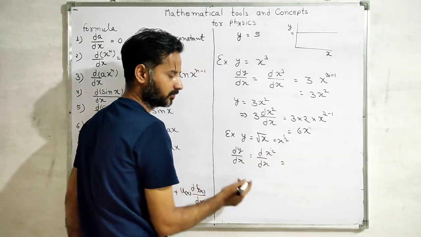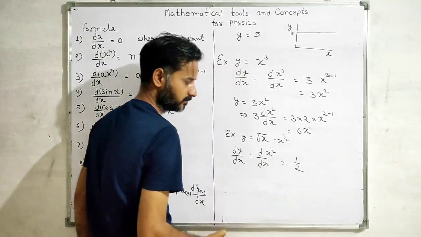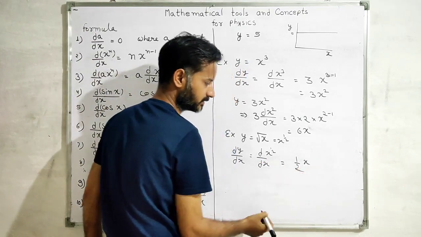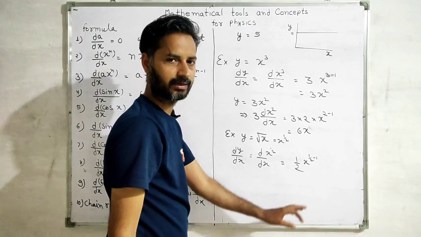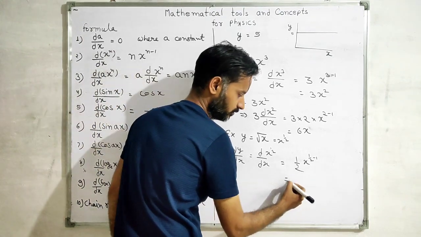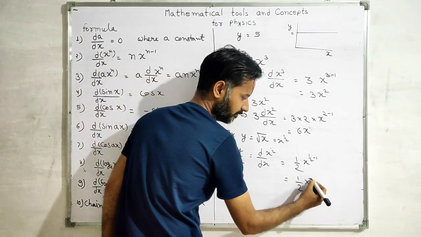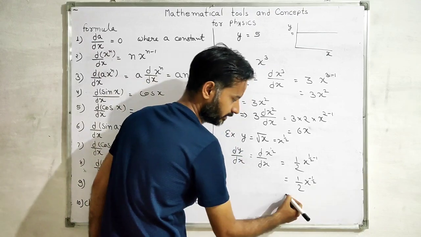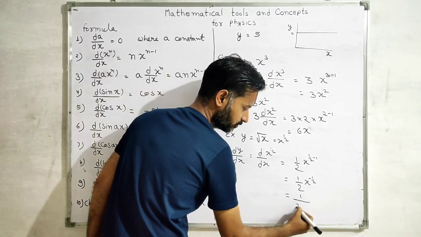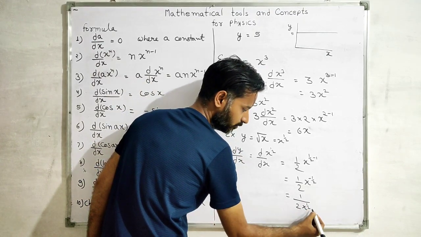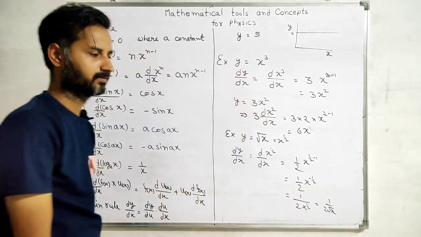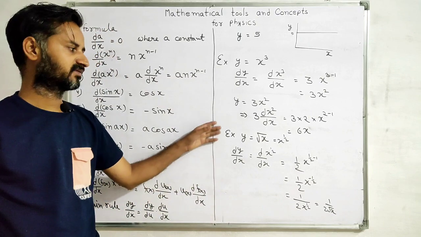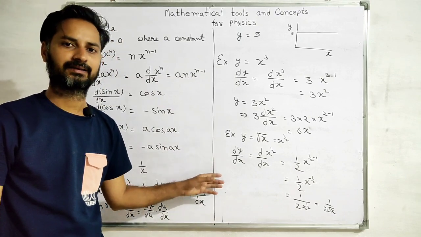This 1 by 2 comes with multiply and power will decrease by 1, so minus 1. 1 by 2 minus 1, minus 1 by 2. X to power minus 1 by 2, or it become 1 upon 2 x to power 1 by 2 or 1 upon 2 root x. So the basic differentiation is done like this.